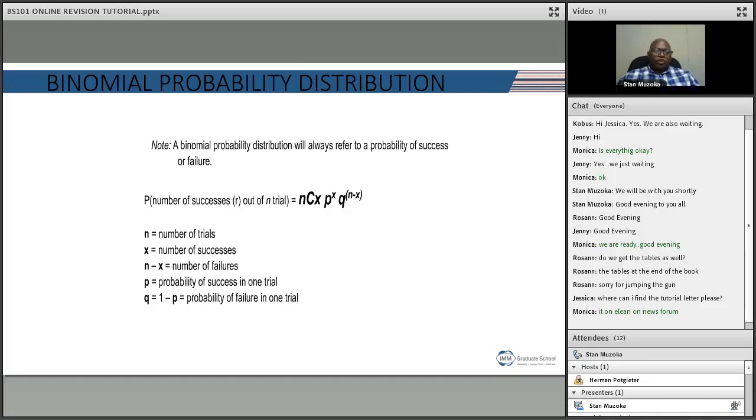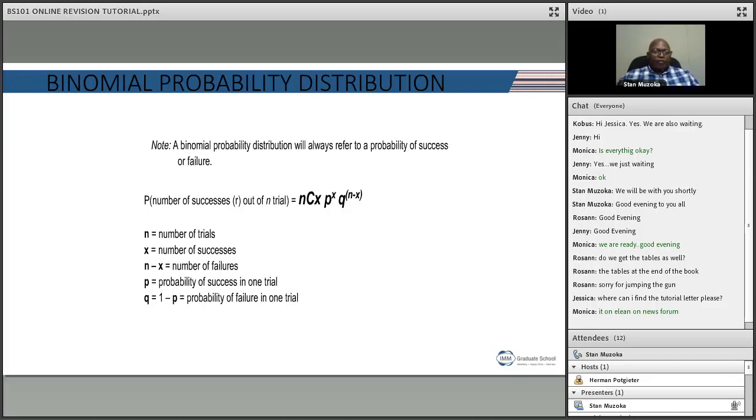The formula to use is the probability of x occurring being equal to n combination x, p to the x, and q to the n minus x. In your textbooks, q is replaced by 1 minus p.